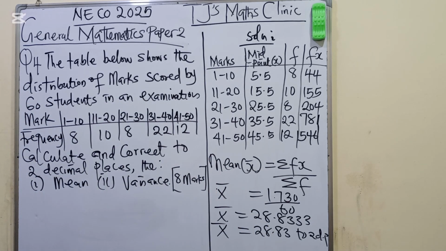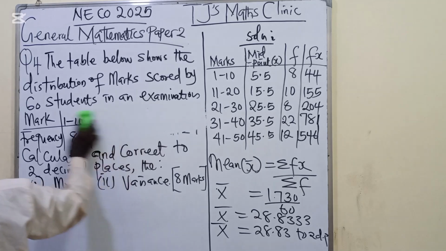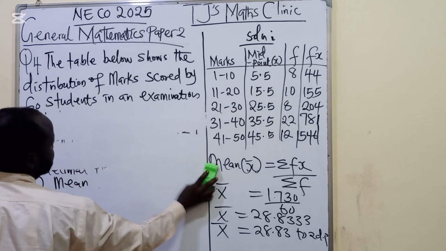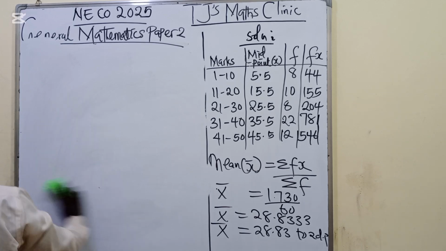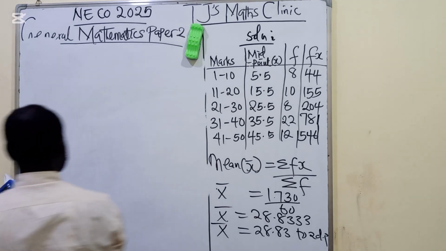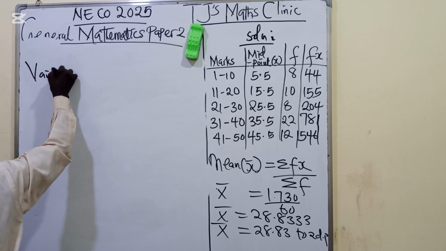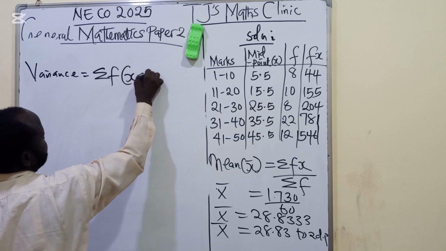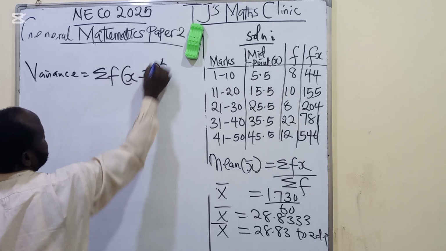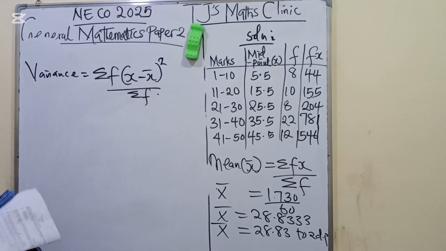Let's get the variance. To get the variance, we need another table. Permit me to clean the question so that we can add another table, or columns rather. So to get variance, let's write down the formula for variance of grouped data. Variance is given as summation f into x minus x bar all squared, divided by summation f.